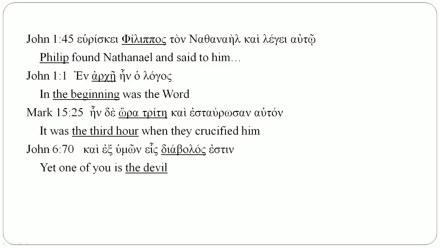A lot of English Bibles will translate this, one of you is a devil, but as the textbook points out, the devil in the Gospels is always definite, always personal, and always talking about the devil. In other words, the number one devil, Satan. He's referring to Judas here.